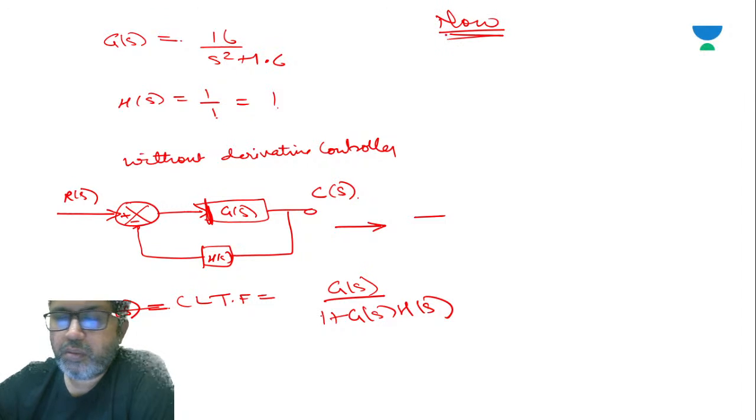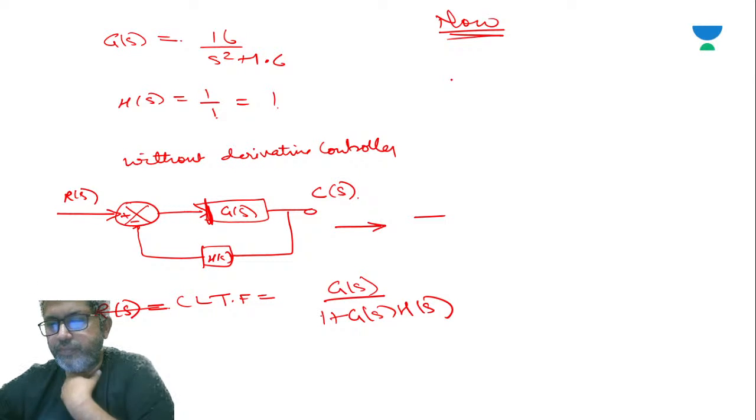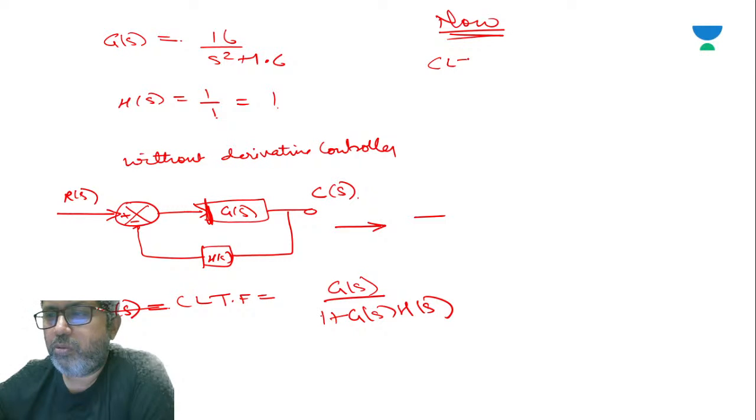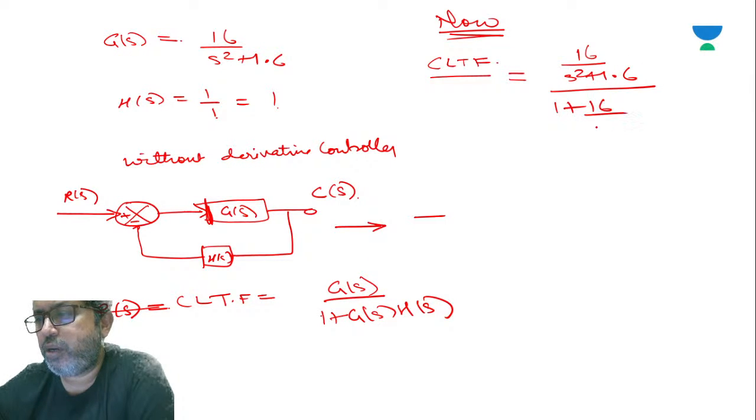Now let us say the closed loop transfer function is equal to 16 upon S square plus 1.6 divided by 1 plus 16 upon S square plus 1.6 into 1.